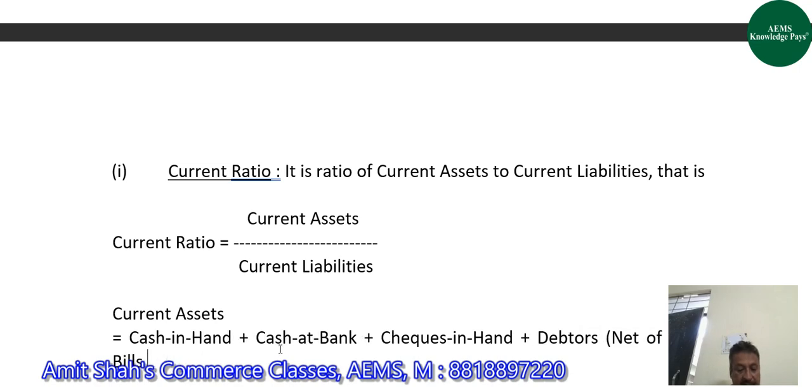Then bills receivable, inventories, that is stock. You know that stock may be of different types. It may be stock of raw material, finished goods, work in progress, goods in trade, and stores and consumables. Short-term or current investments.